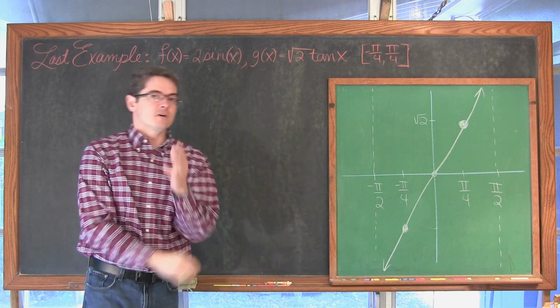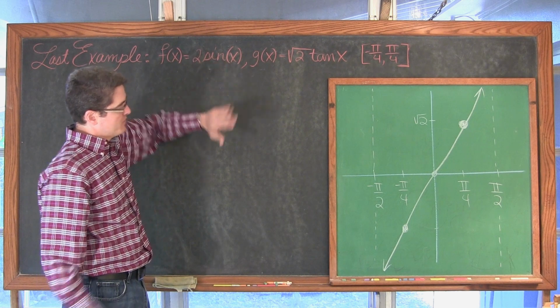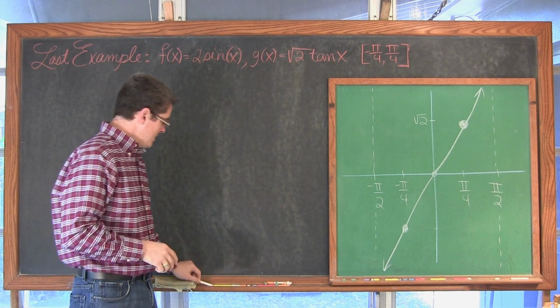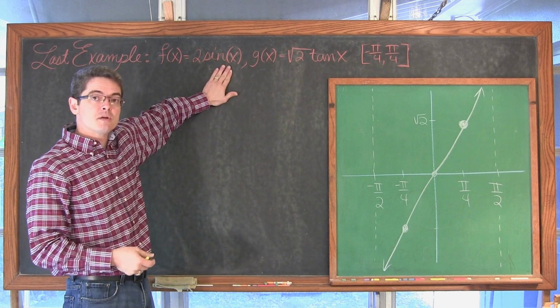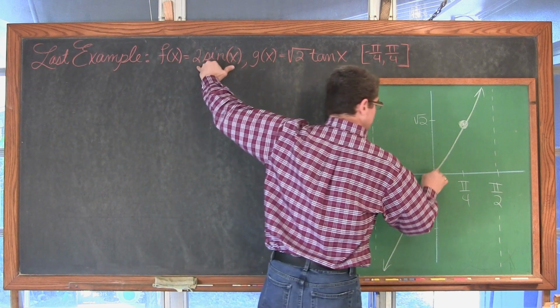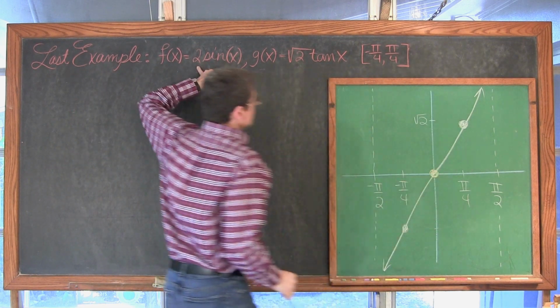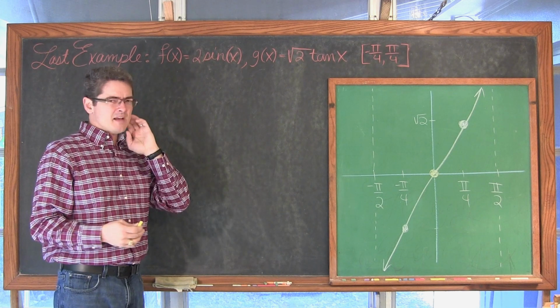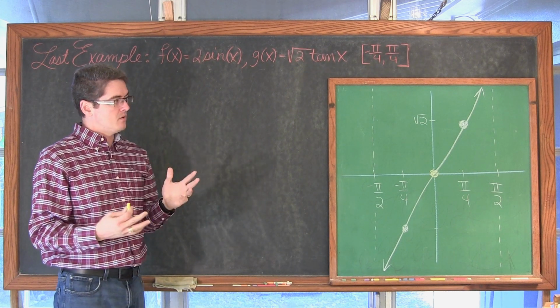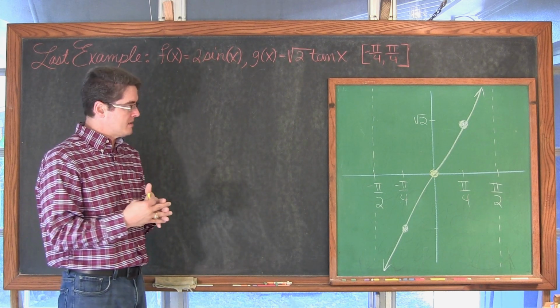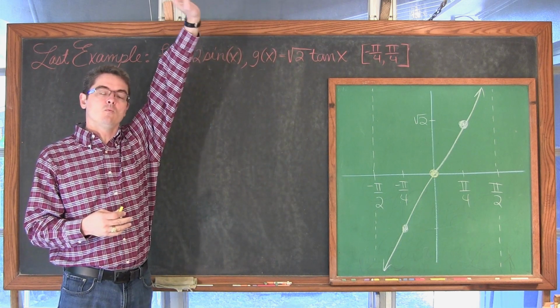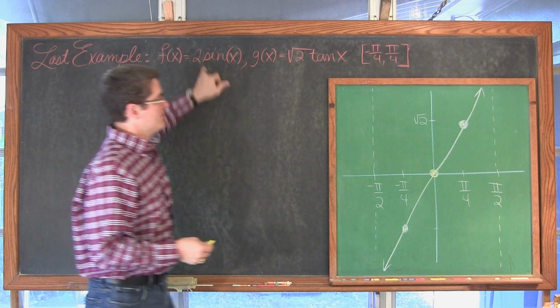Now, the sine function, at least within that area that we have there, the sine of 0 is 0, and 0 times 2 is 0. The sine of pi over 4 is a bit of a nasty problem, but I do know that the sine of pi over 2 is equal to 1, and now it's going to be multiplied by 2.